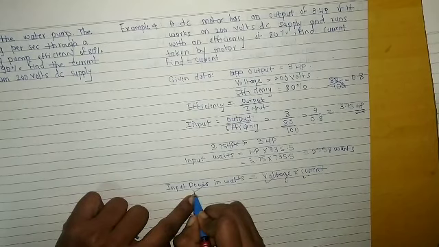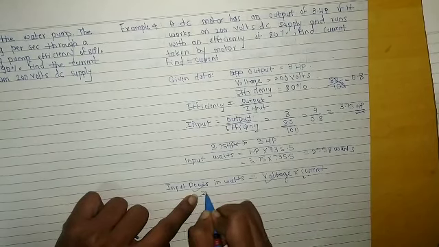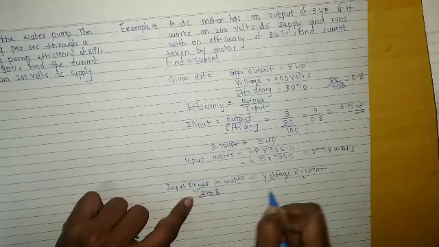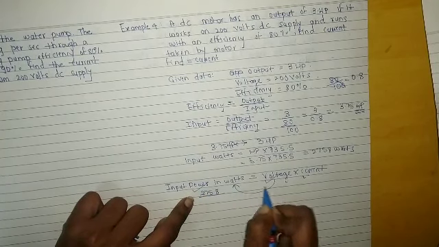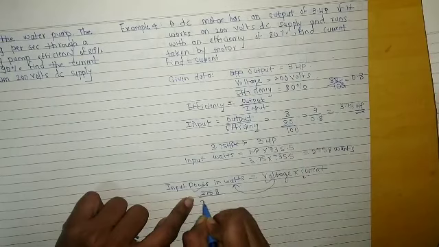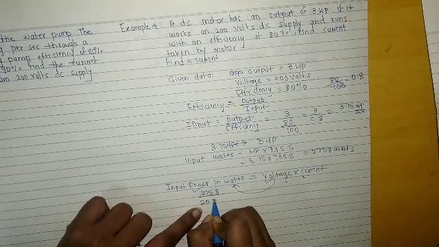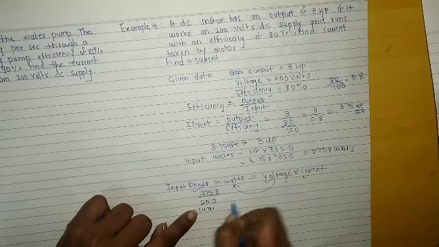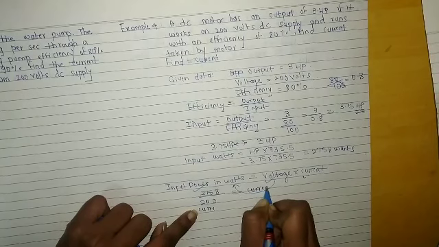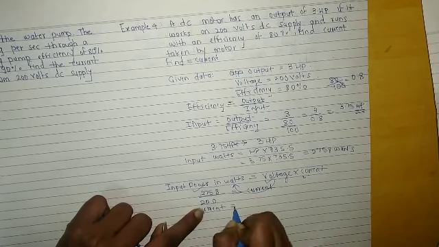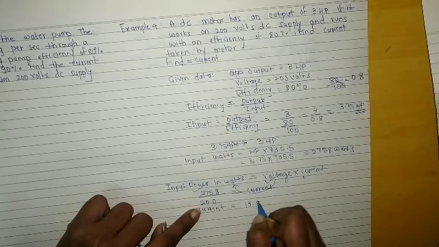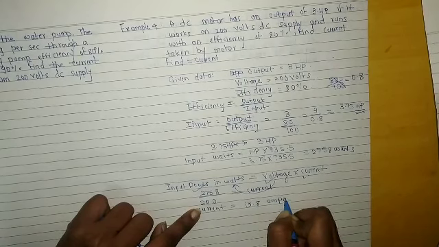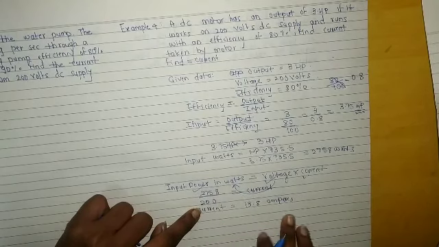The input power we calculated is 2758, divided by voltage. The voltage given here is 200 volts. So the current is equal to 13.8 amperes.